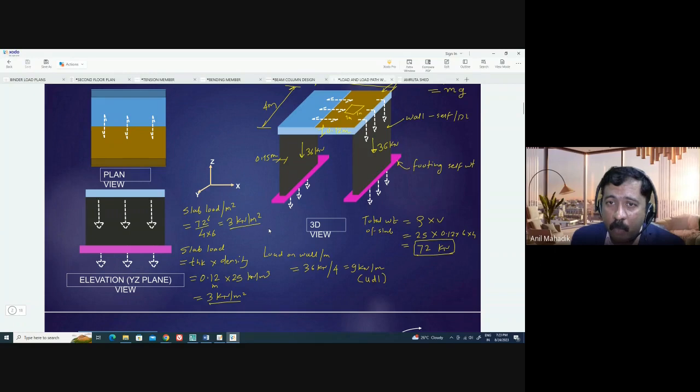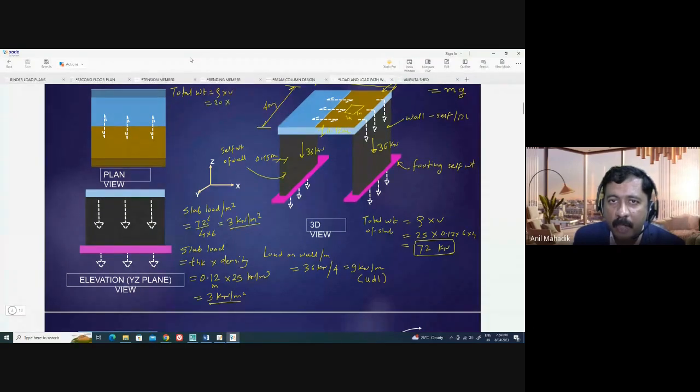Now if I ask you how to calculate the self weight of the wall, what will it be? Self weight of wall. So if I ask you total weight, how much will it be? Density into volume. So density of brick wall is 20 kilonewton per meter cube.